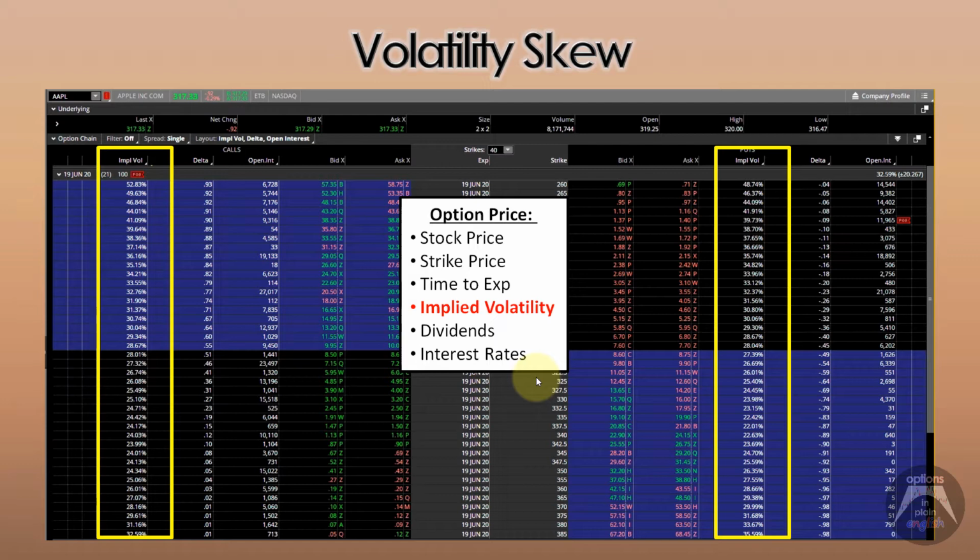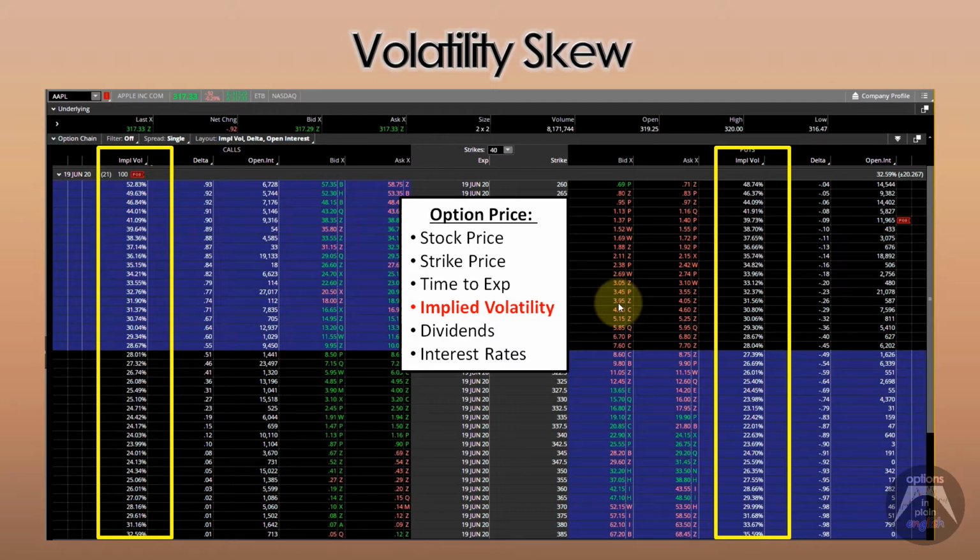In this lesson, we're only going to be talking about volatility skew, which is a single expiration, all the different implied volatilities. We're going to arrange them by strike price, and then we're going to see if they form a pattern and if we can get any information or any insight from how the implied volatilities are arranged.